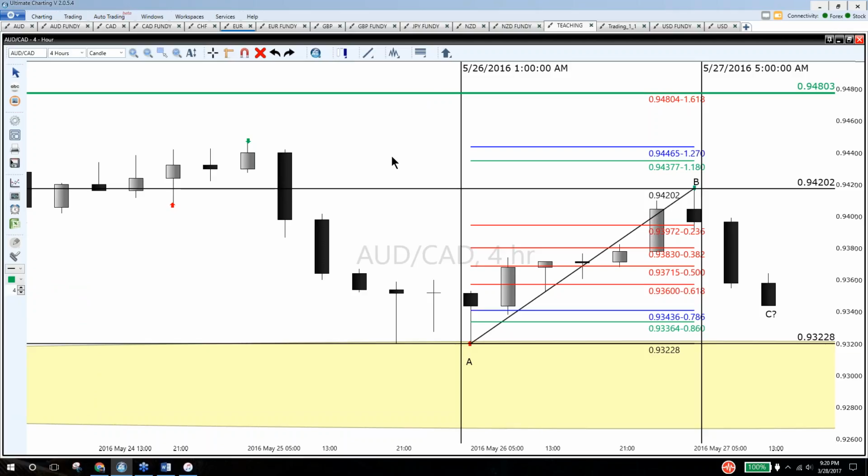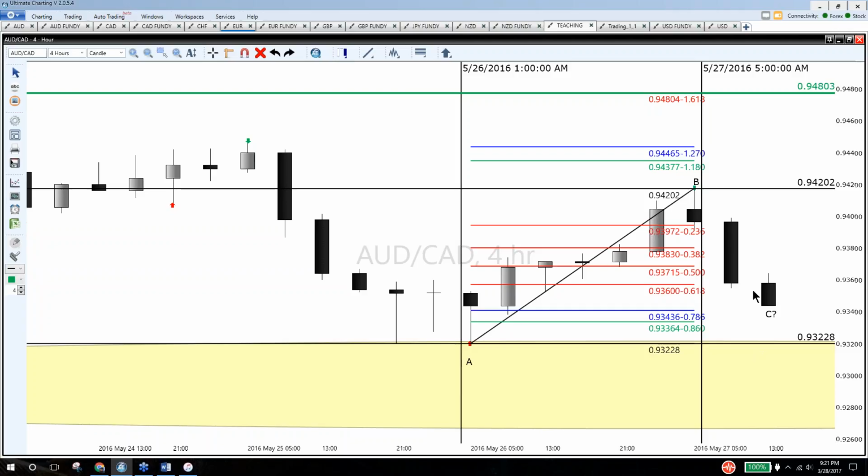Mohammed says C does not have to be 2 to the left and 2 to the right. That is absolutely correct, Mohammed. Your C does not have to have 2 to the left and 2 to the right. There will come situations where you will not get 2 to the left and 2 to the right. So if you are looking for 2 to the left and 2 to the right for your C, there will come situations where you will not be able to continue your A, B, C, Ds.